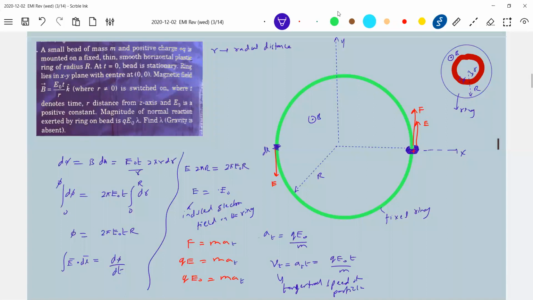What is the question asking? Just the normal reaction. Because of the tangential velocity, at any instant of time, after some time, what are the various forces we can show on it?